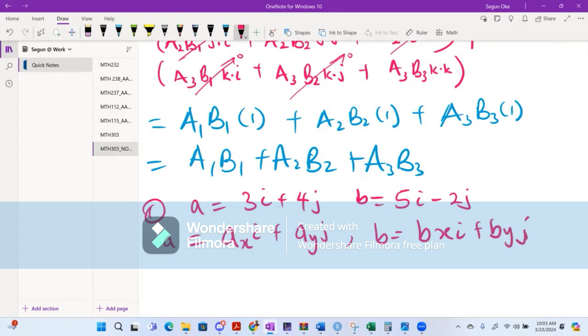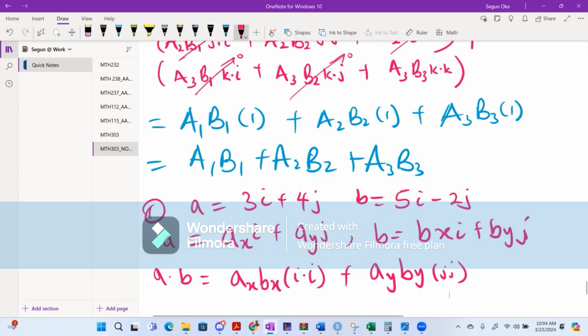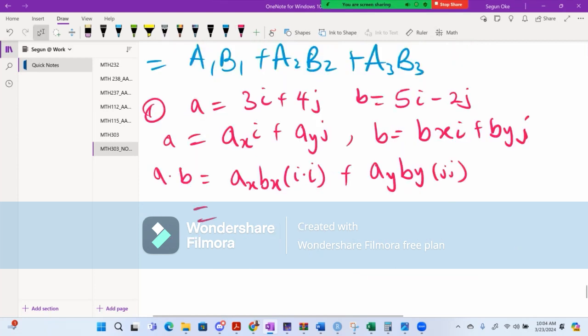So if I say dot product, A dot B will be Ax Bx, they are i.i, don't forget i.i, the way we did the other time, plus Ay By, they are j.j. So you have Ax Bx plus Ay By.